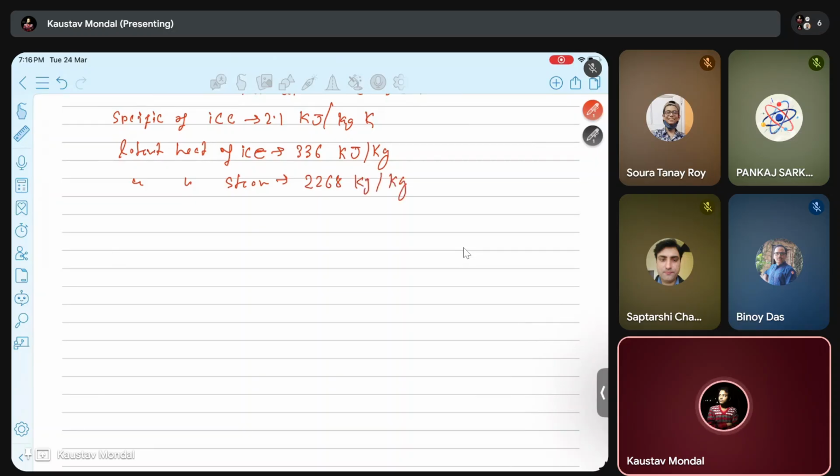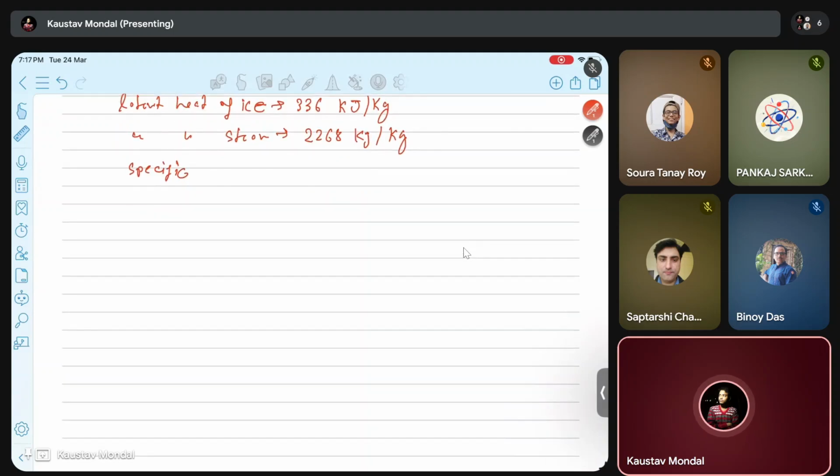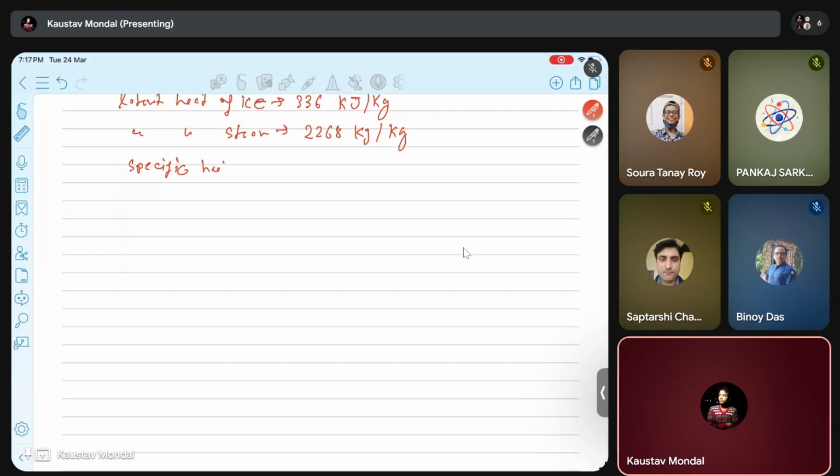And lastly, the specific heat of water. Since this problem involves phase transition, you know all this latent heat and specific heat. Specific heat of water is given as 4.2 kilojoule per kg per Kelvin.